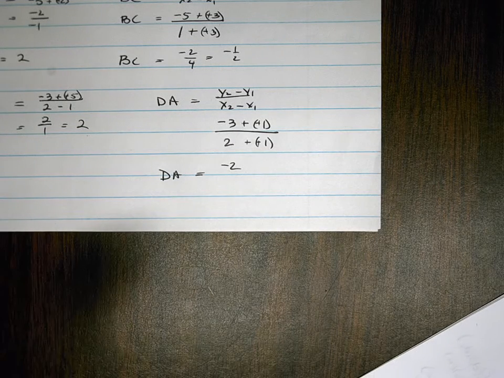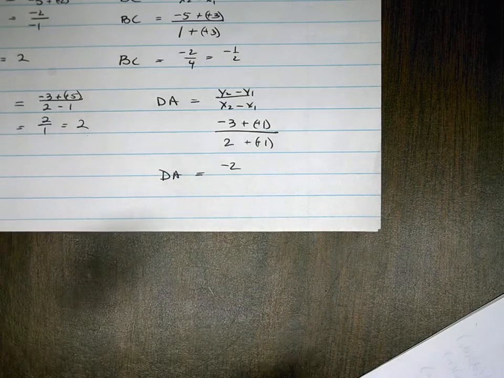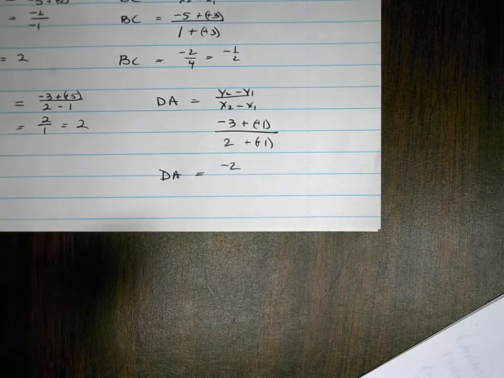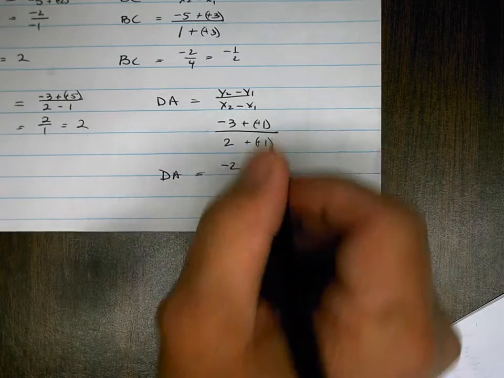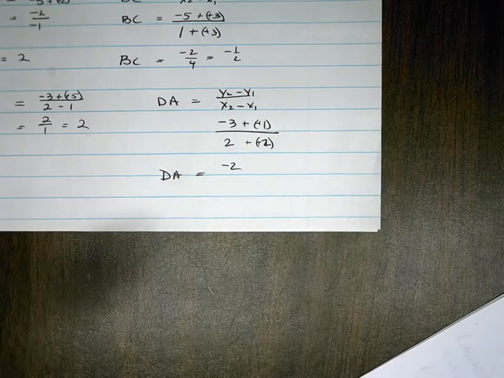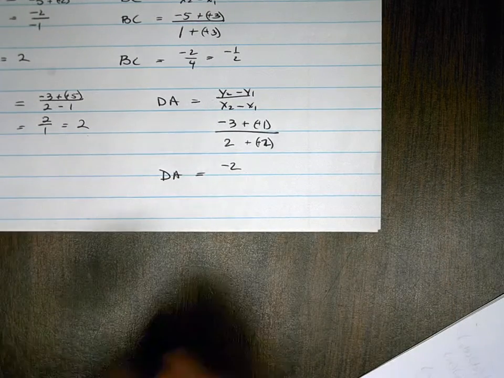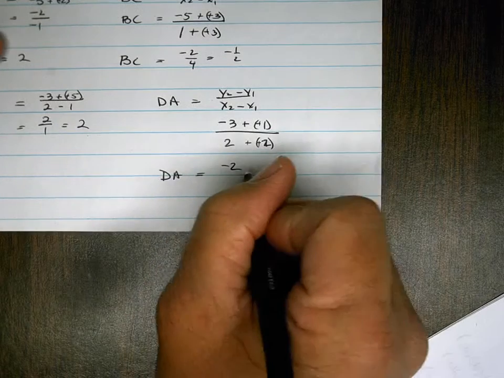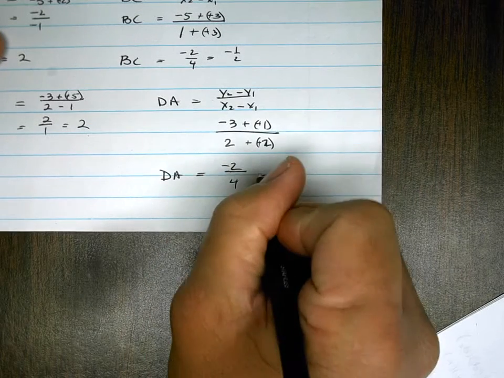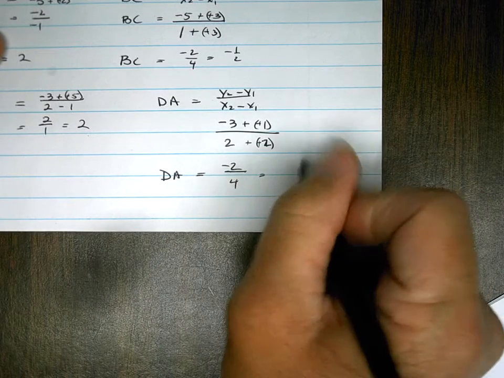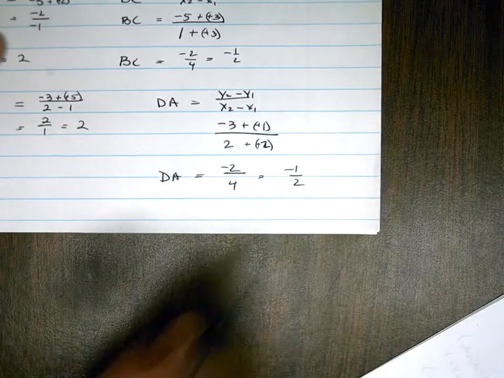And 2 minus, oh, that's where I messed up. It's 2 minus negative 2. And 2 plus 2 is 4. And we get negative 2 over 4, which is negative 1/2. So we put that on there.